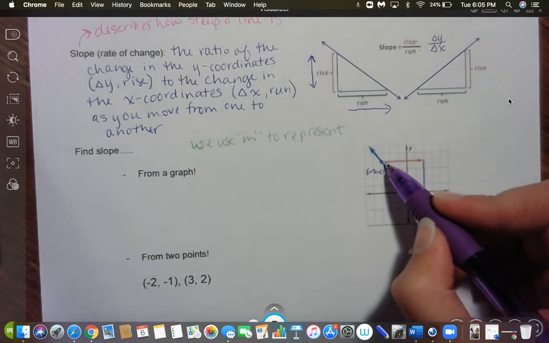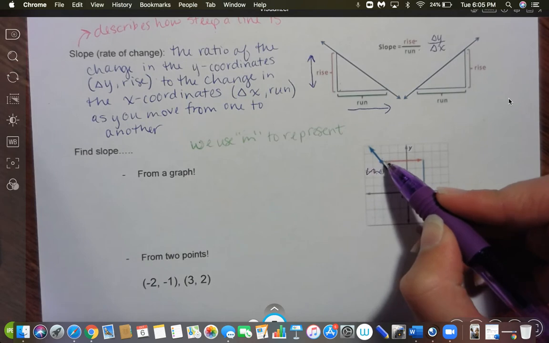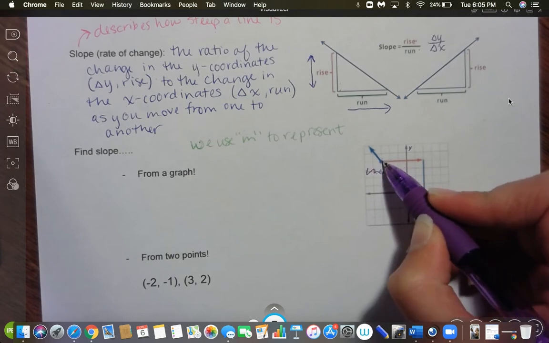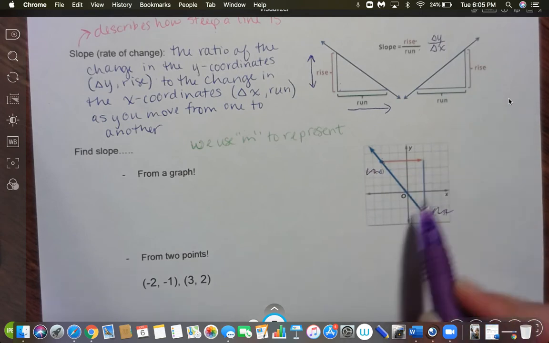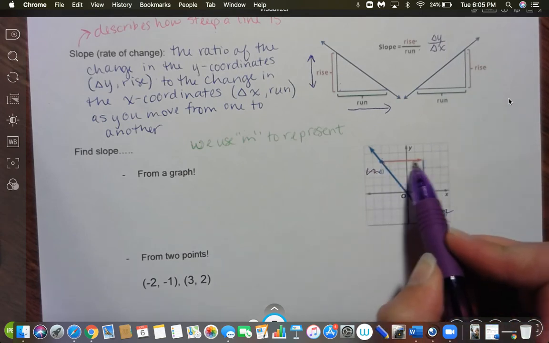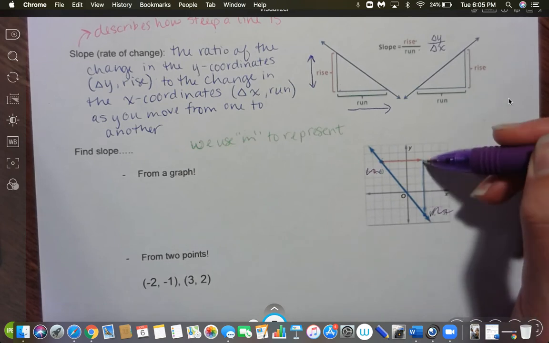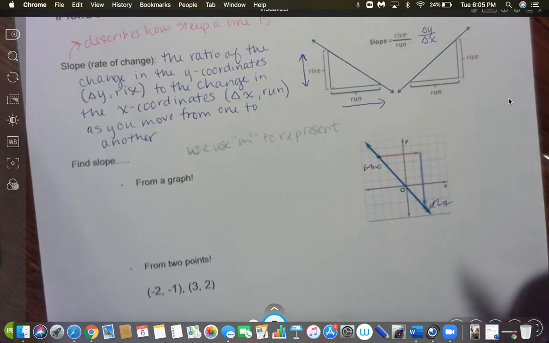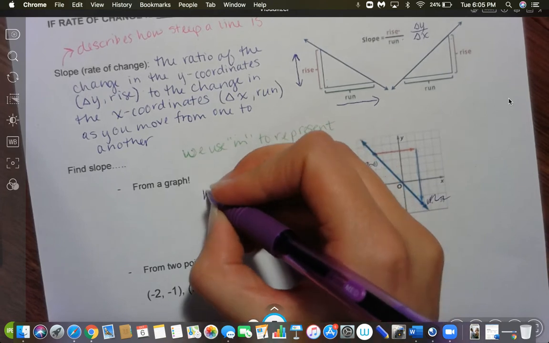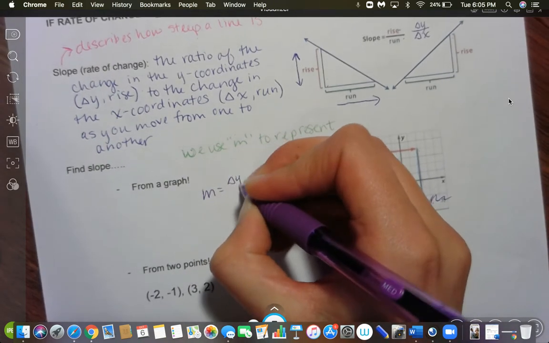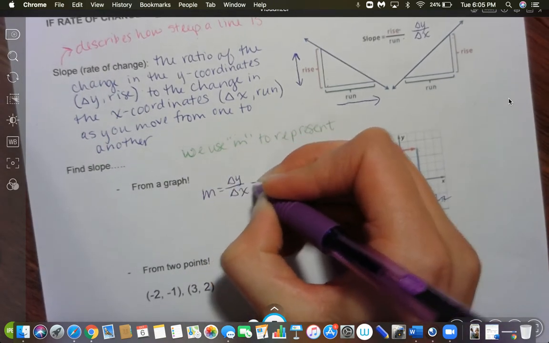So what we do is we start at our leftmost point to find our change in y and our change in x. Change in x will be our horizontal movement. Change in y is our vertical movement. So from a graph, we're going to say m is our change in y over our change in x.